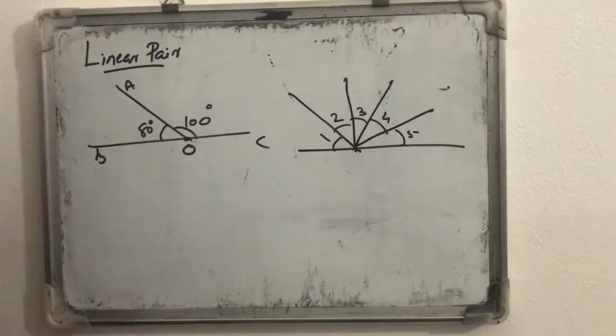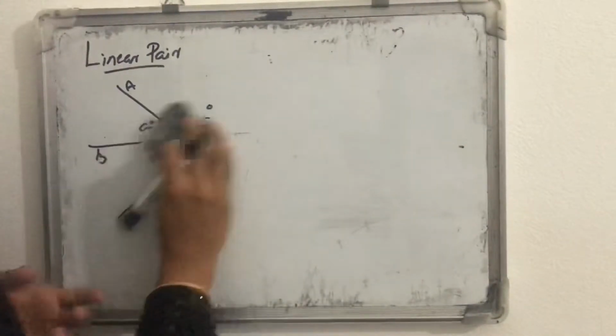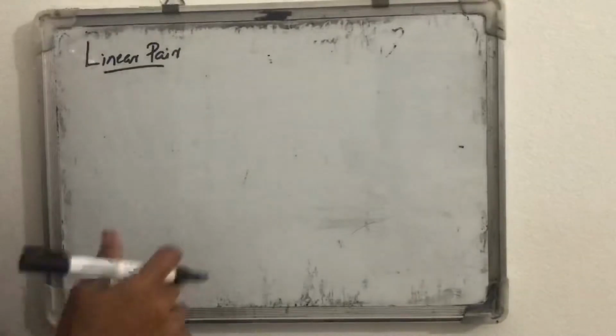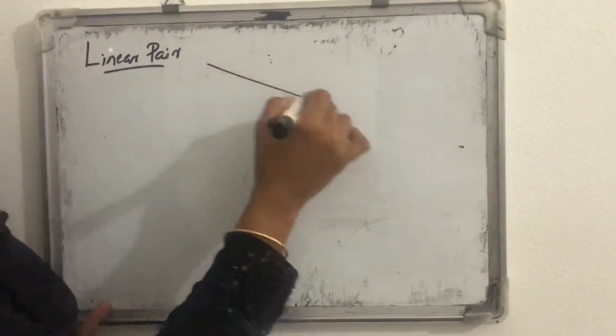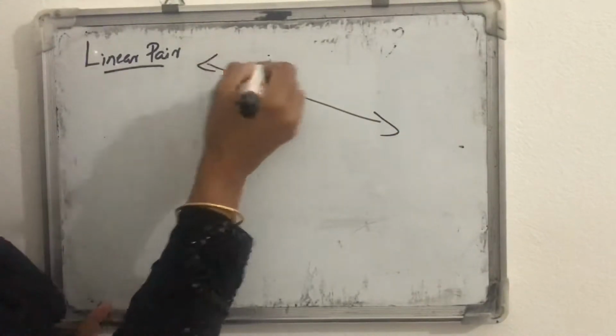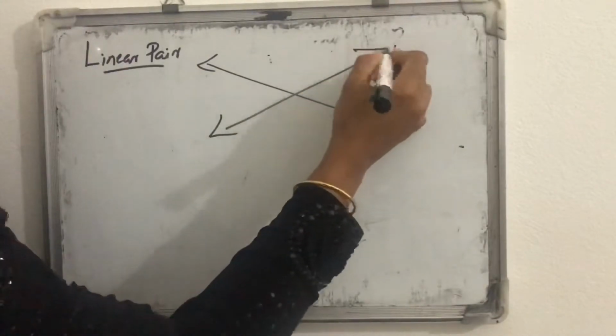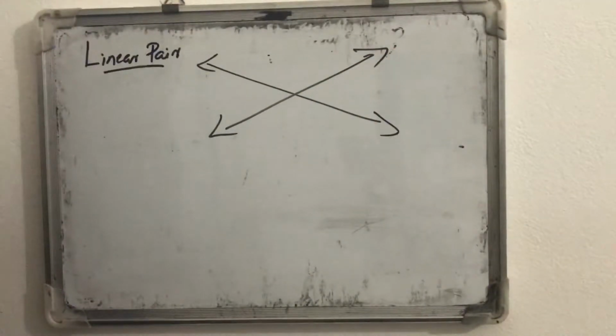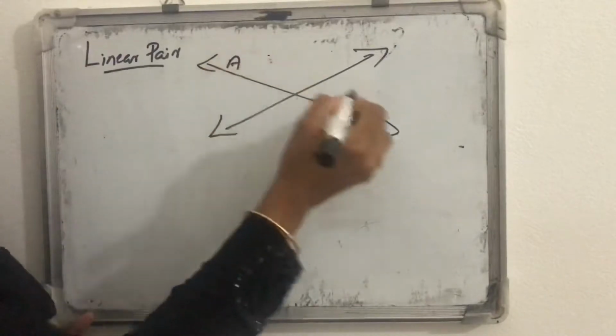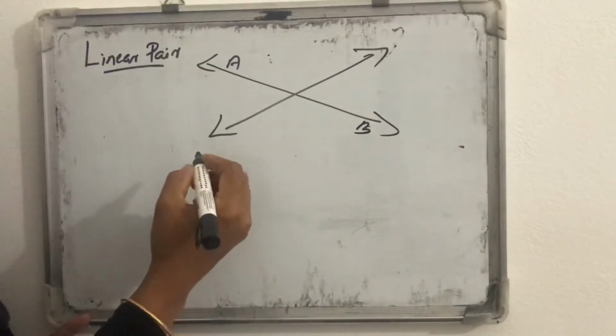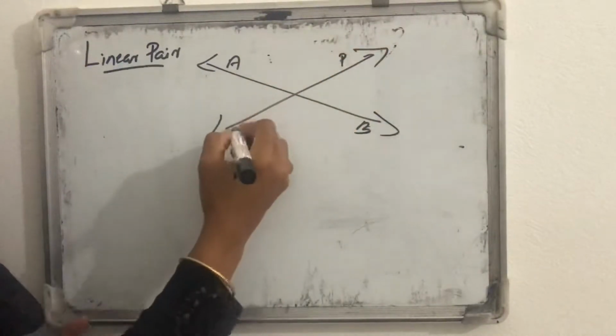Next we want to discuss vertically opposite angles. Vertically opposite angles: consider two lines AB and PQ that intersect at a point. Suppose this line is AB and this line is PQ.